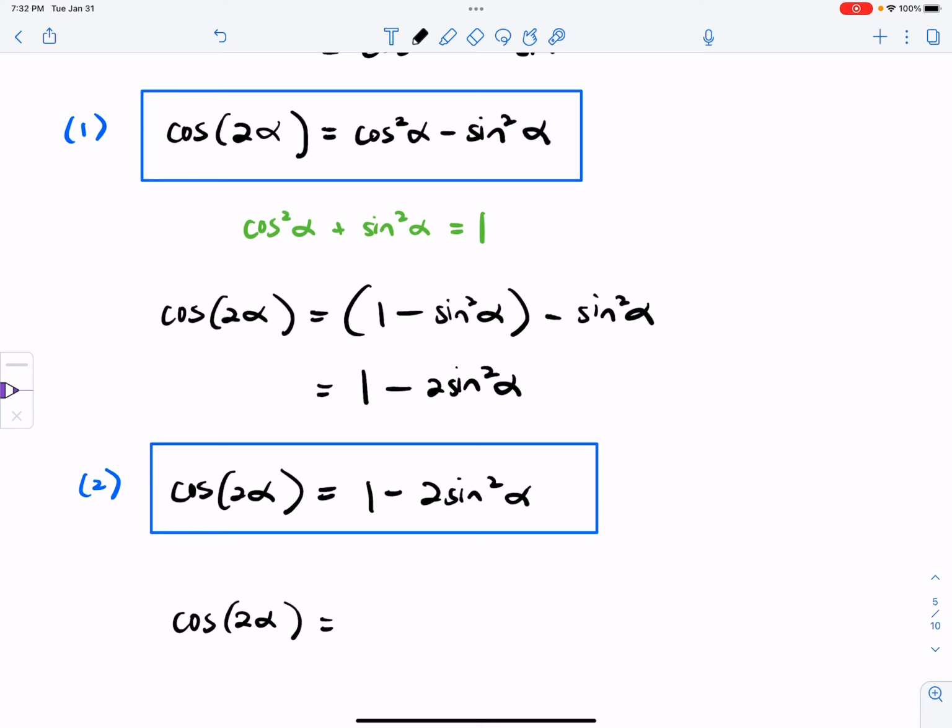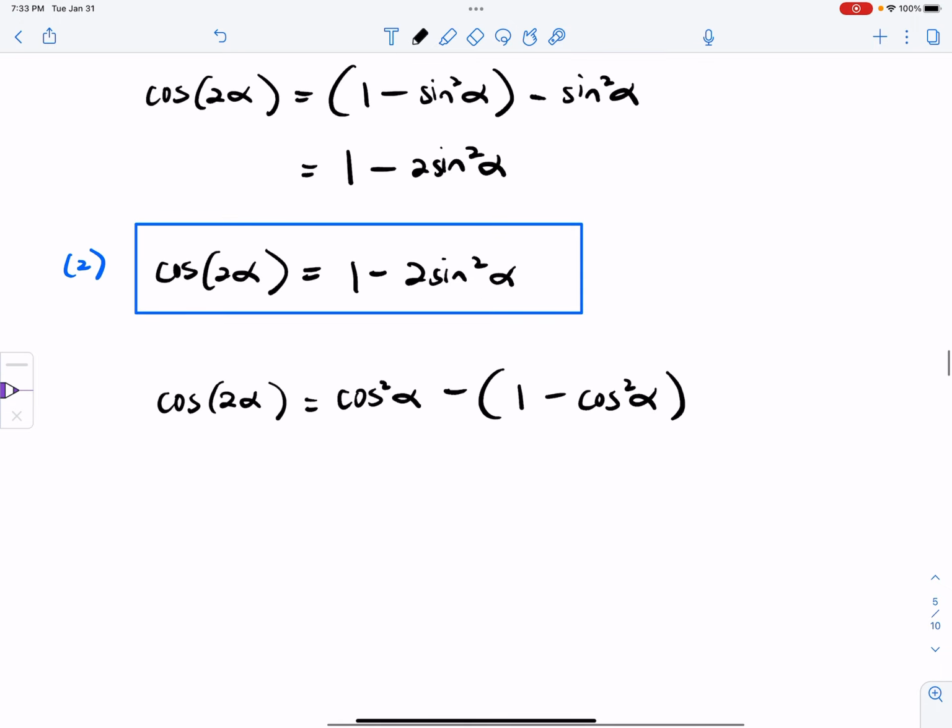So we're replacing sine squared with 1 minus cosine squared, which will simplify to be 2 cosine squared alpha minus 1.